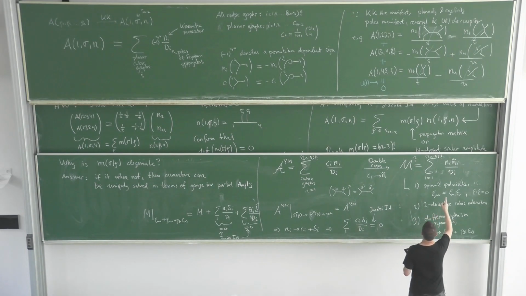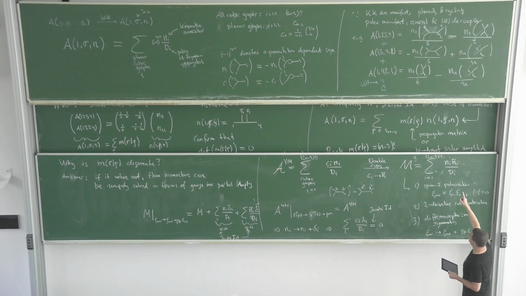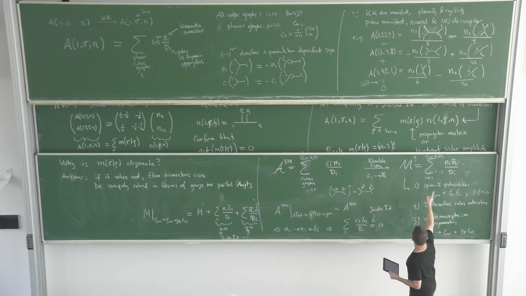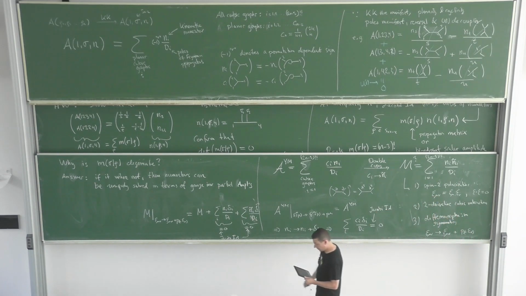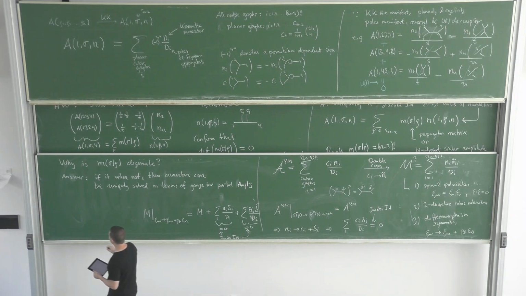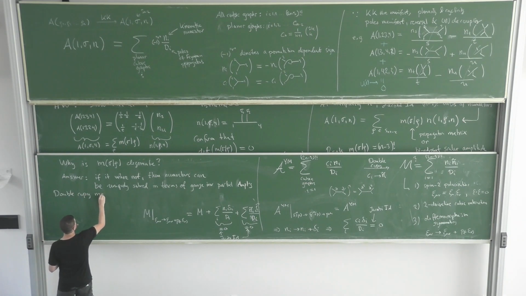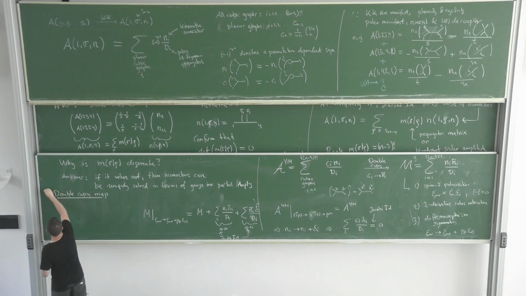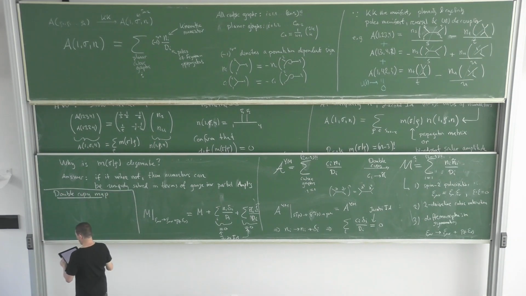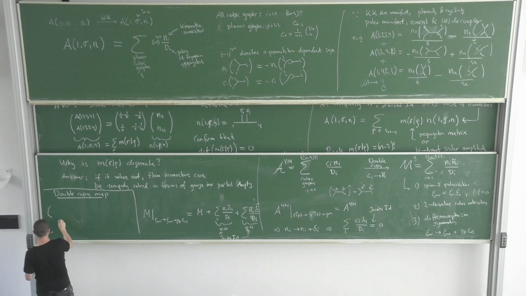So this double copy here, I didn't really say where n and n tilde come from. Well, n here comes from Yang-Mills, and n tilde can come from somewhere else. So in general, we will have a double copy map. Let me just write it here. We have two sets of amplitudes, sum over i of n_i c_i over d_i.